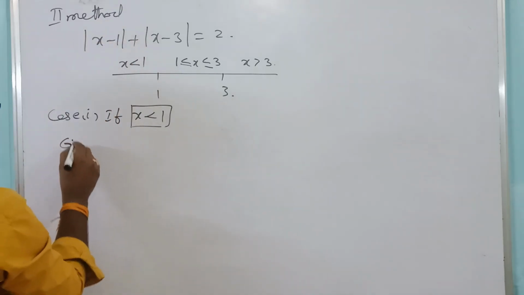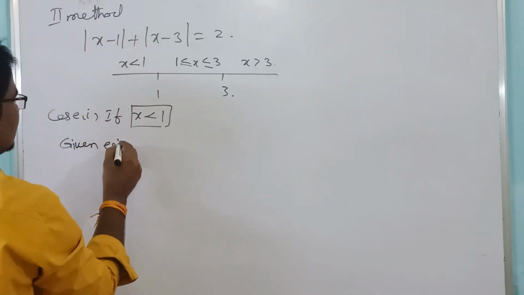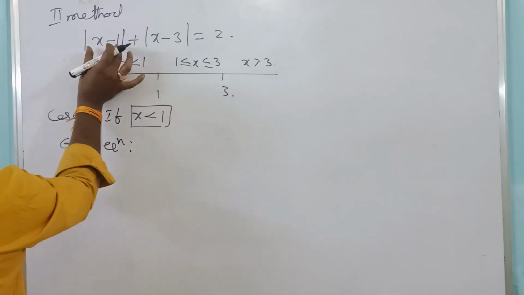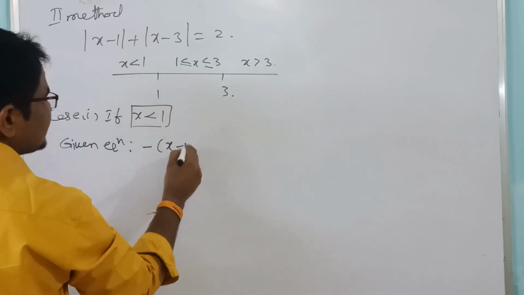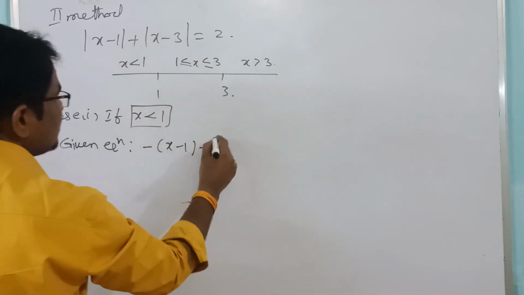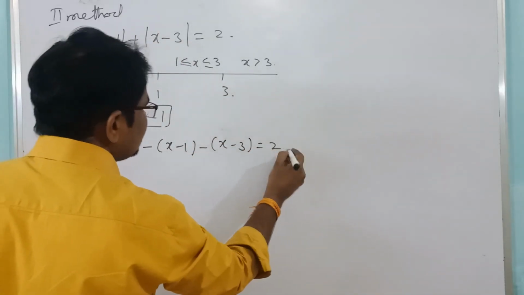So the given equation becomes: if you substitute any value less than 1, x − 1 is negative, so minus of (x − 1); this is also negative, minus of (x − 3) equal to 2.